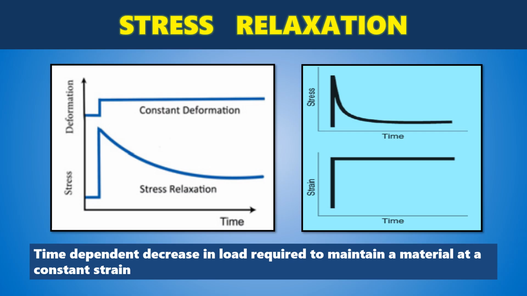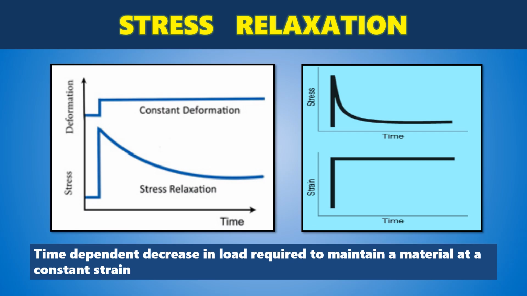Stress relaxation, the second attribute of a viscoelastic material. It is time-dependent decrease in load required to maintain a material at a constant strain. The best example to describe this is when we rasp the femoral canal while we are preparing our femoral canal in total hip arthroplasty.